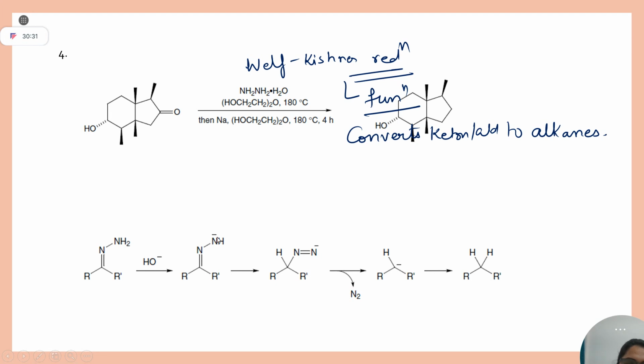It will become NH negative. This negative will come back and leave a negative charge here. Again one proton is there, base will abstract that, again come, and nitrogen will leave, leaving behind a carbanion. Obviously the carbanion will be quenched by a proton; it will take a proton from water and you will get this alkane.